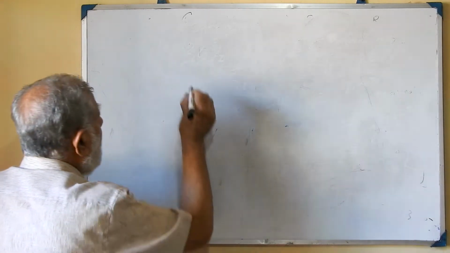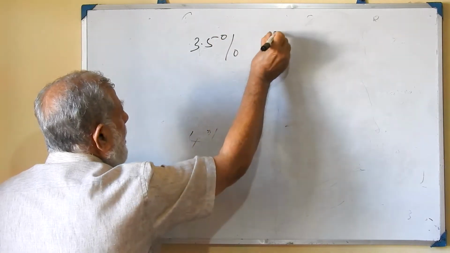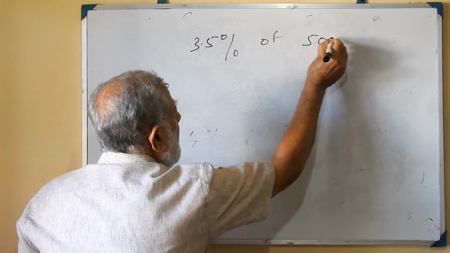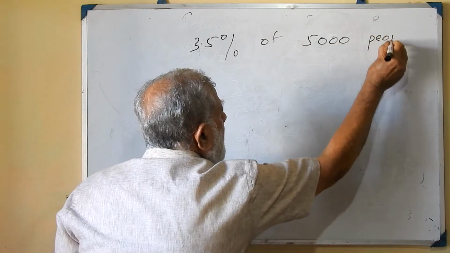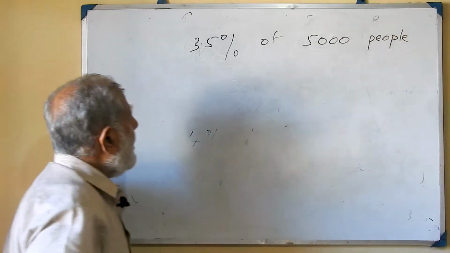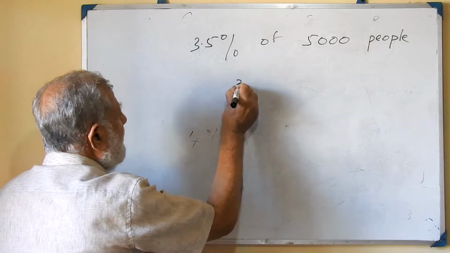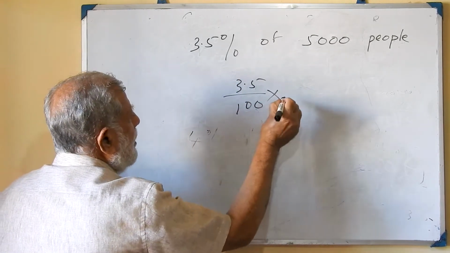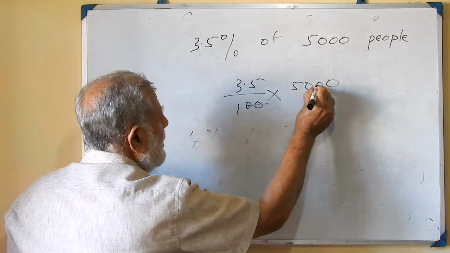3.5% of, we'll say 5,000 people. So 3.5% means 3.5 upon 100 into 5,000. So cancel 2 zeros, cancel 2 zeros.